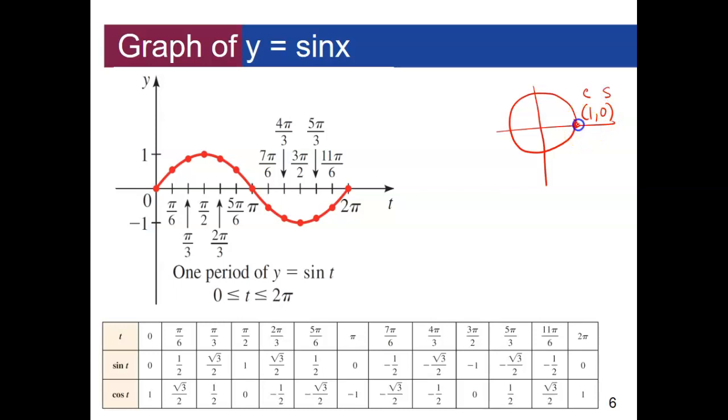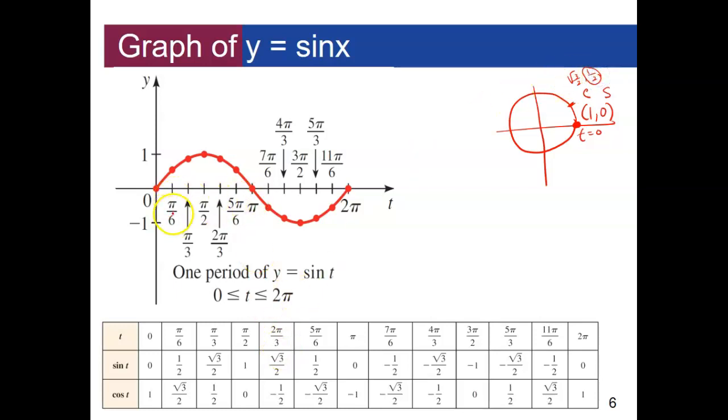So at t equals 0, we're going to have a sine value of 0. If we move to pi over 6, the coordinates are square root of 3 over 2 and 1/2, and the sine value is 1/2.